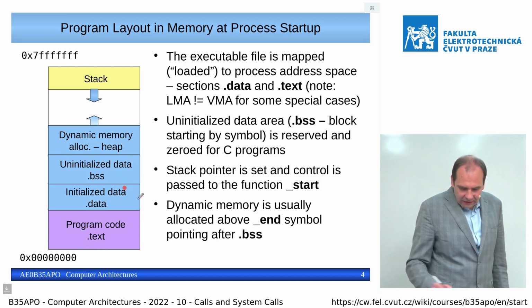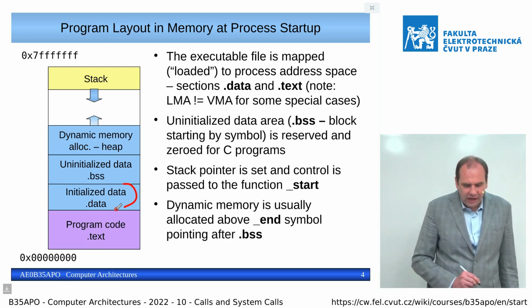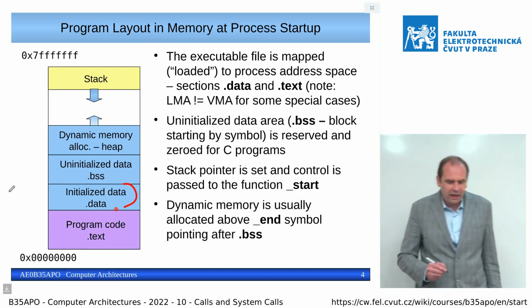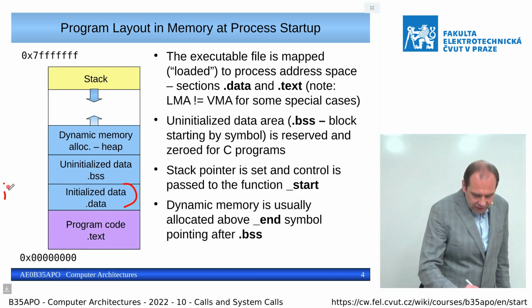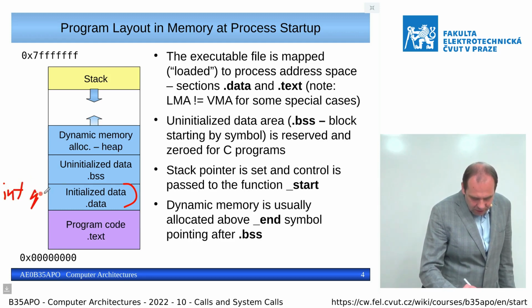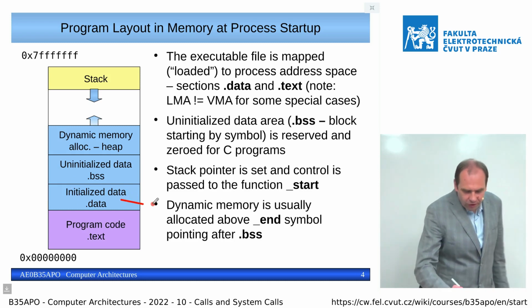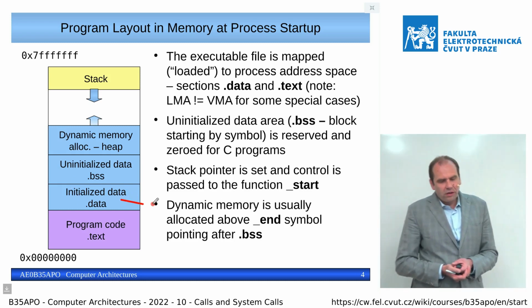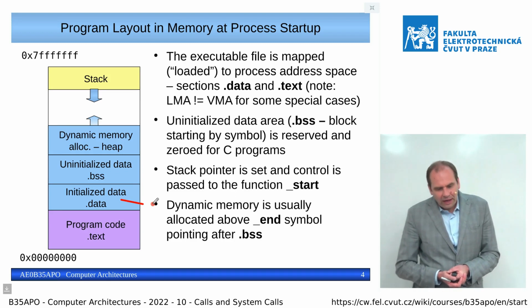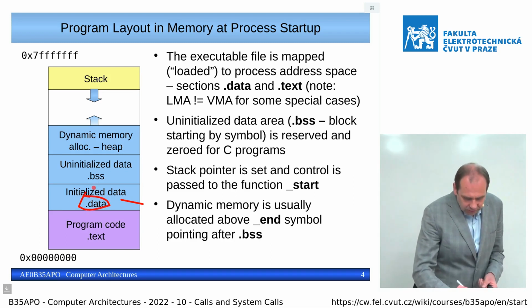Then there is a block of initialized data, those are the data when you write something in C, for example, like int g = some value. If you write something like that, then it falls into the global data section.